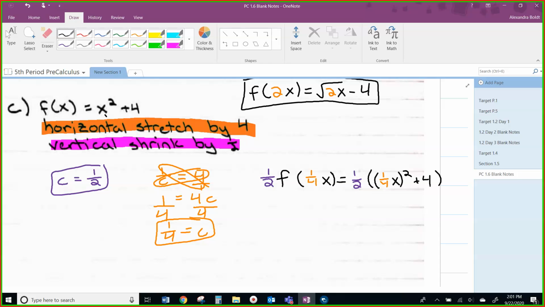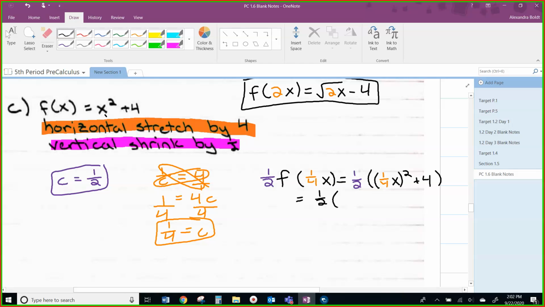Questions right now before I continue, because we are going to simplify this one. Any questions right now on anything we did? Okay, I am going to simplify this. So we work inside out. So I still have the 1/2. And I'm going to deal with these parentheses being squared.